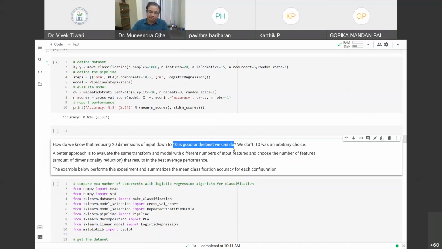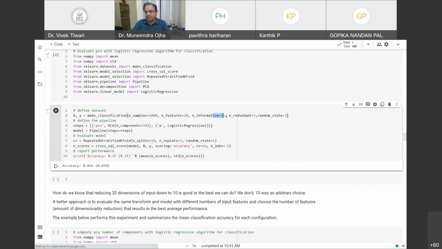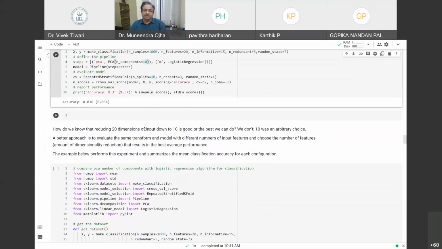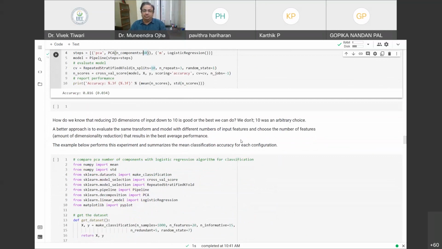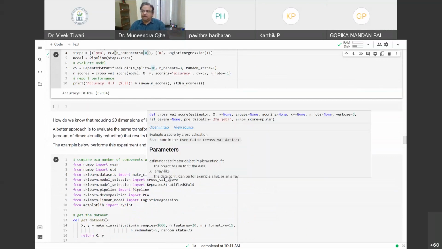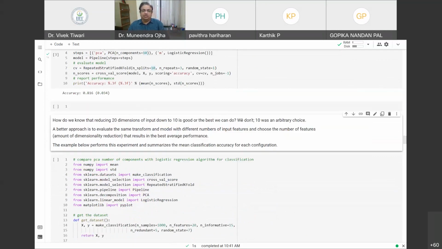In this example, the number of informative features is 15, but we have taken only 10. So how do we know whether 10 is sufficient or not? In this case, 10 was an arbitrary choice.